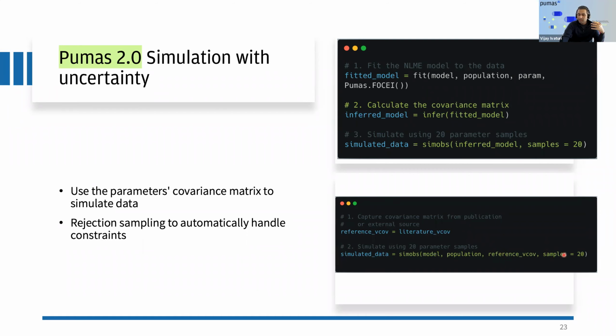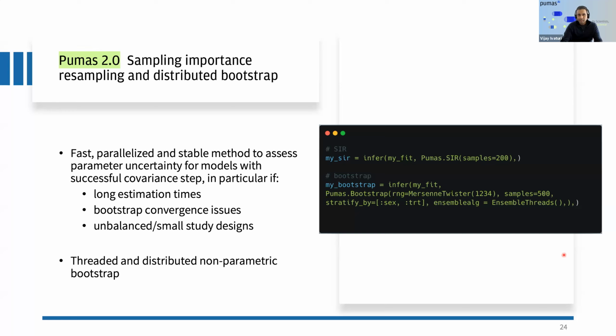The next feature is in terms of inference. We now support sampling importance resampling and bootstrap, which is both stratified and distributed. For models that are highly intractable, sometimes it's just easy to do a bootstrap to get your confidence intervals.